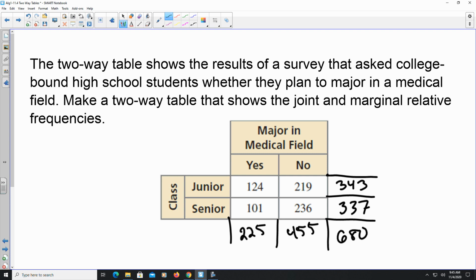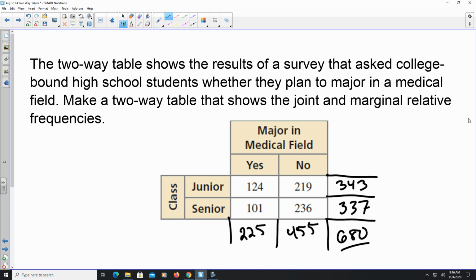So basically what this is going to tell us is that 680 students took the survey amongst college-bound juniors and seniors. And we have the number of juniors in the survey, we have the number of seniors in the survey, we have the number of yeses, we have the number of nos.